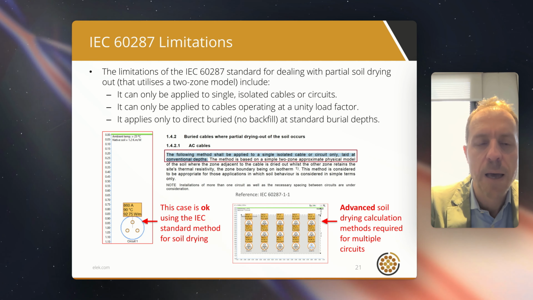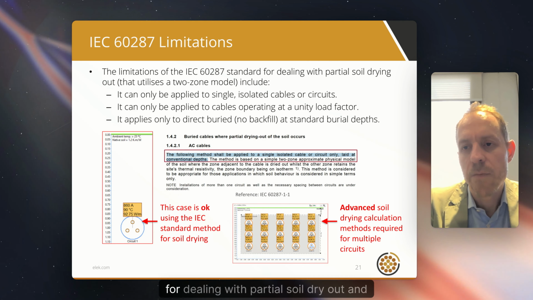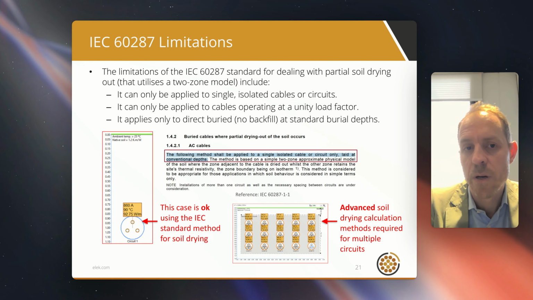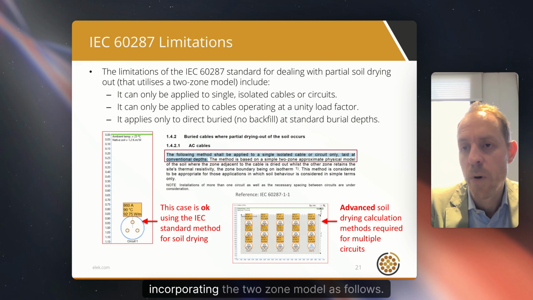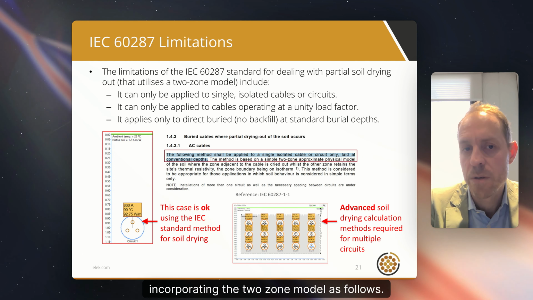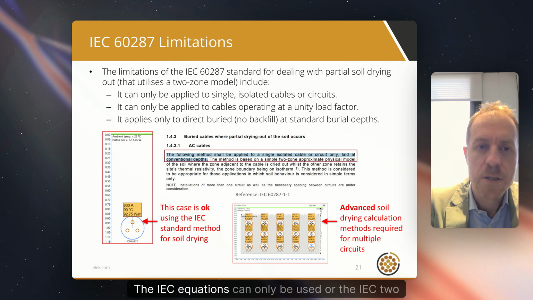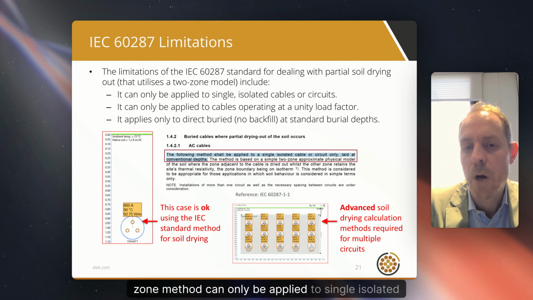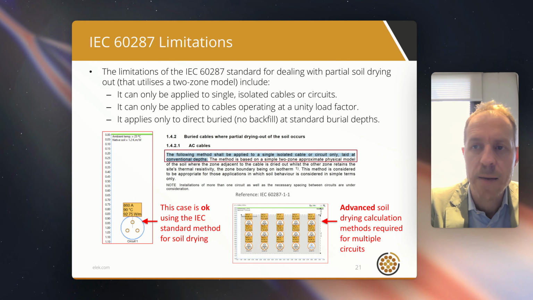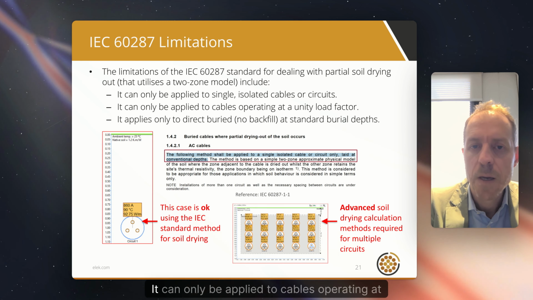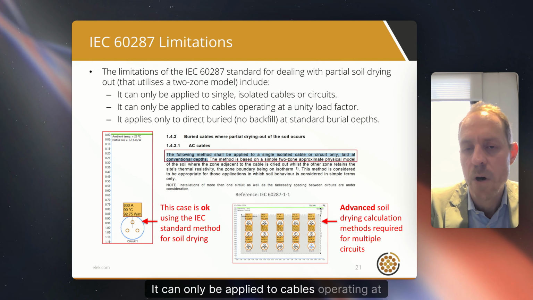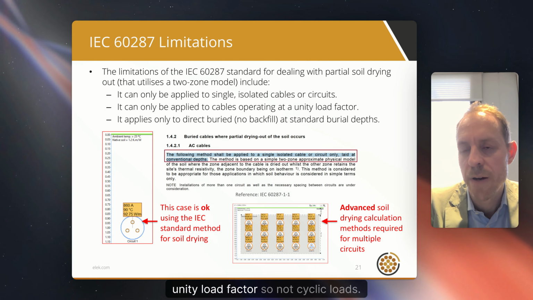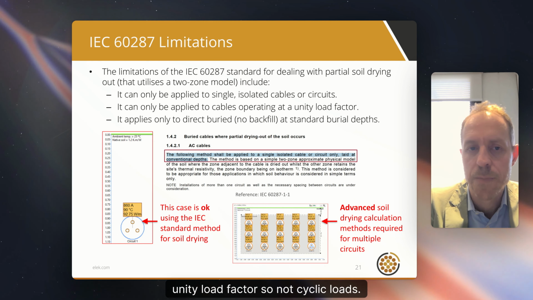But there are some limitations to this equation for dealing with partial soil dryout and incorporating the two-zone model. The IEC two-zone method can only be applied to single isolated cables or circuits. It can only be applied to cables operating at unity load factor, so not cyclic loads.